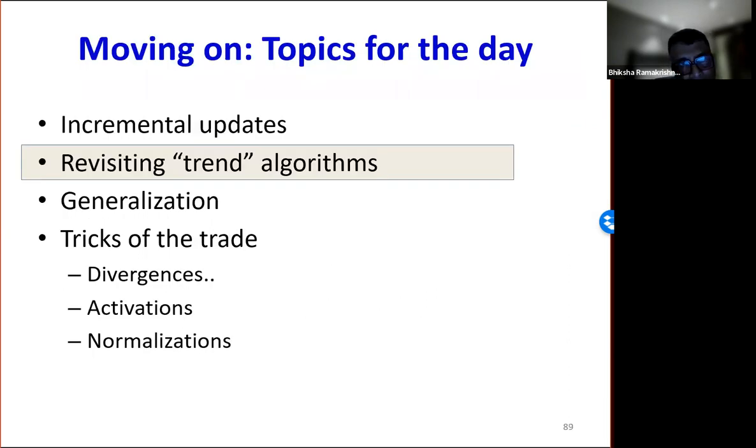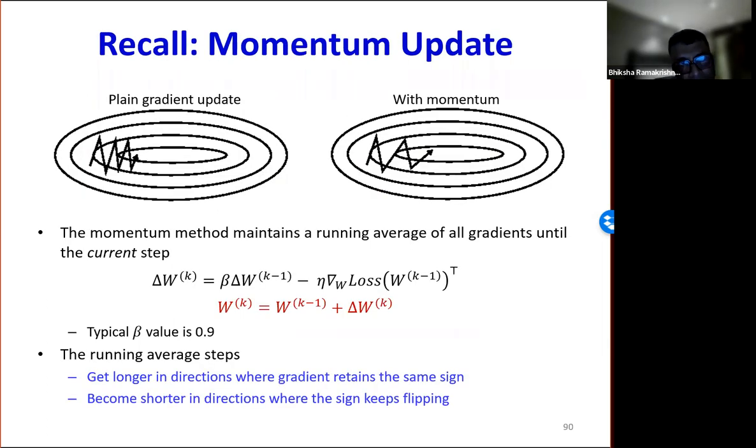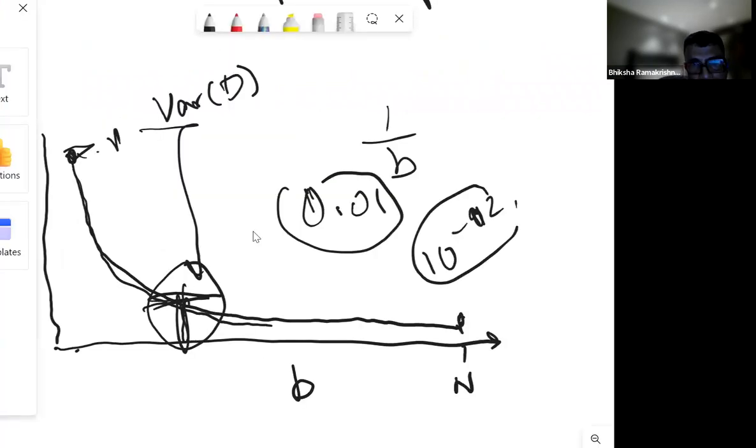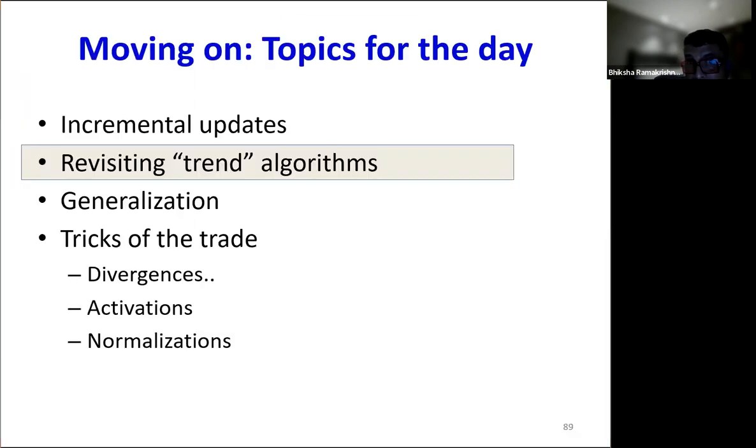So now finally, revisiting training algorithms. Remember, when we spoke of momentum, here's what we had. One of the problems with incremental updates is that your update directions, the gradients, are going to keep changing all the time, simply because at each point you are chasing the latest instance or the latest mini batch, and this can be a problem.